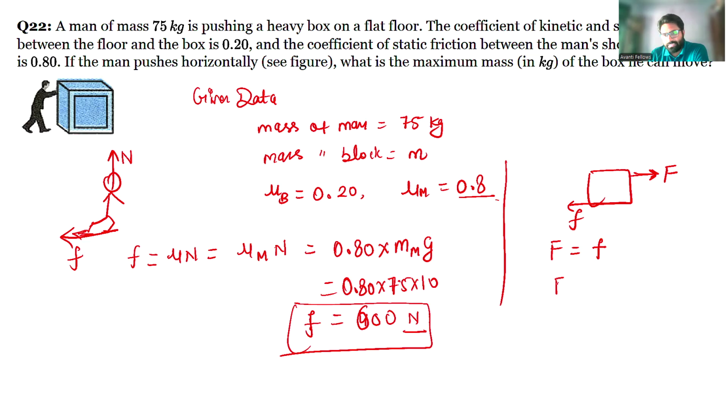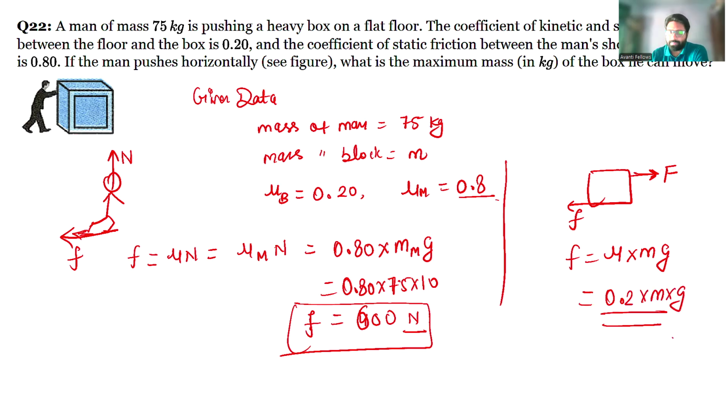So F is equal to what? The limiting value of the friction on the block is mu into N, which is mass of the block into gravitational acceleration, so it is 0.2 into m into g. Now, the interesting thing is that this man can push this block without any acceleration, so we have to consider that. If we draw the FBD, the man can apply at most this value of force.